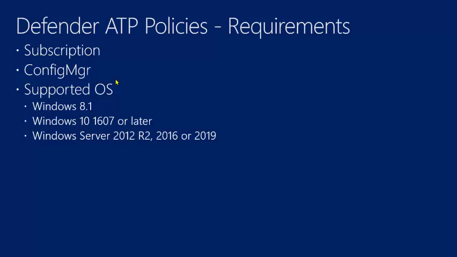Windows 8.1 or previous versions of Windows 10 would be called down-level OSs, and there's another way you would go about onboarding those devices. We have the same kind of split in the server arena, so Server 2012 R2 and certain versions of 2016 would be considered down-level, and then certain versions of 2016 plus 2019 would be considered up-level.